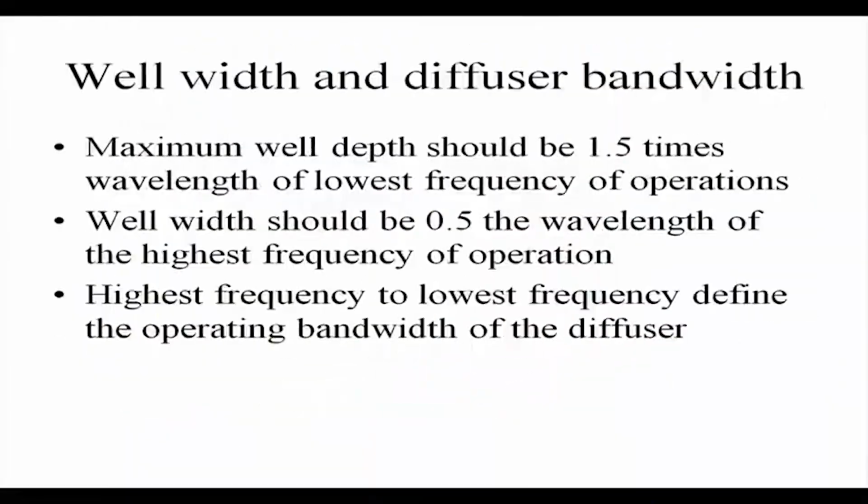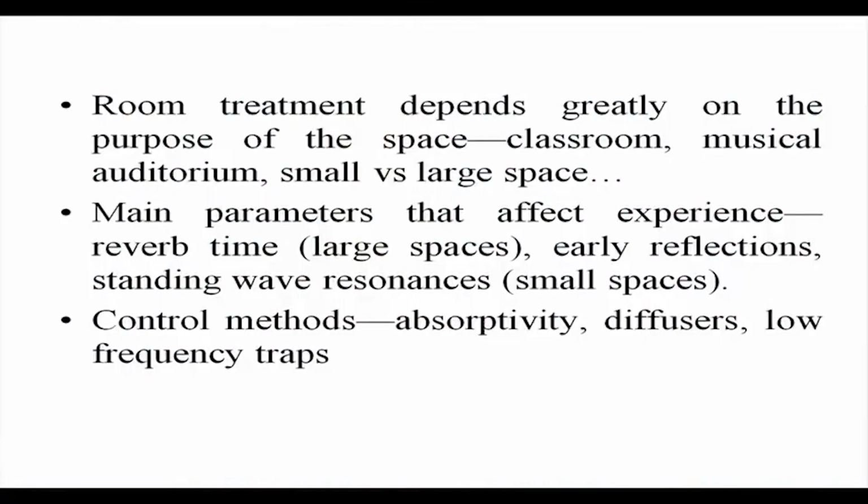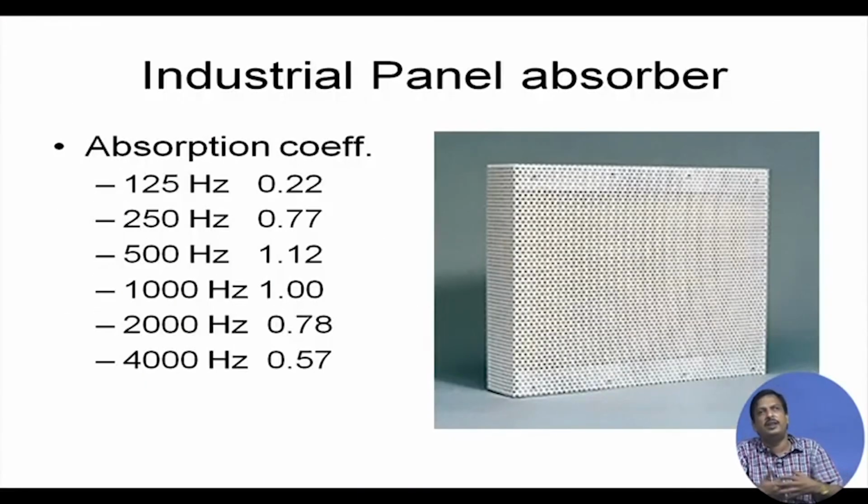Okay. Now, there is another thing, room treatment. So, I said that room treatment, how you design the auditorium, depends on the purpose of the auditorium. If the auditorium is designed for classical music, or for performance of classical music or orchestra, then the design treatment will be different.